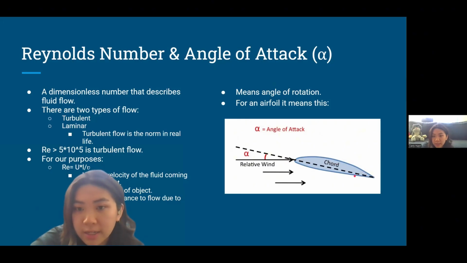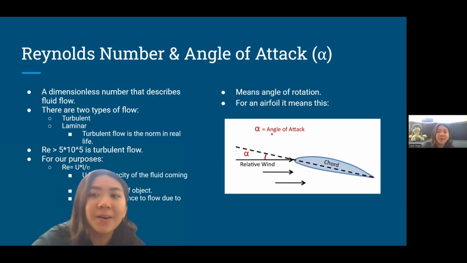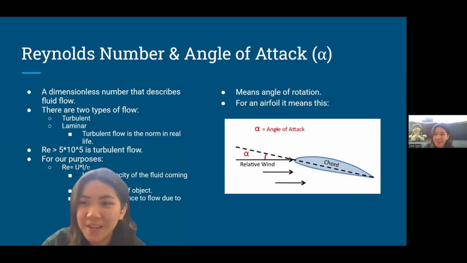The angle of attack is the angle between the chord line and the horizontal, so your x-axis. So now you know its more specific meaning.